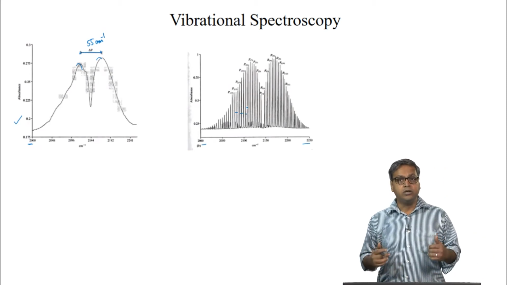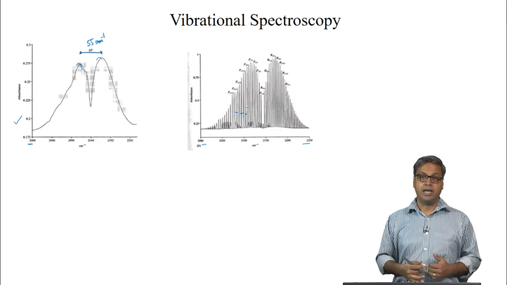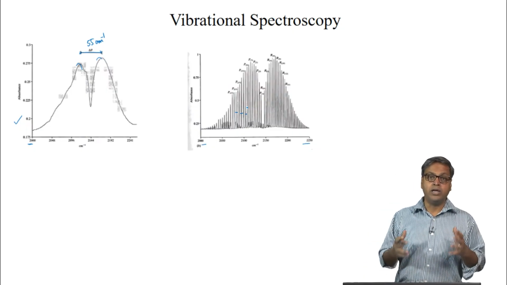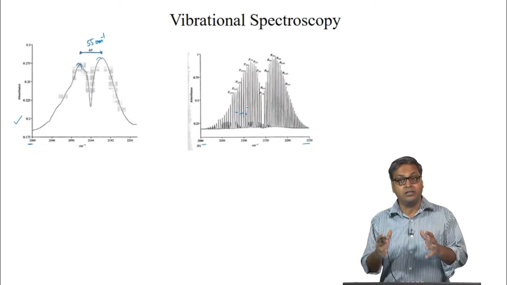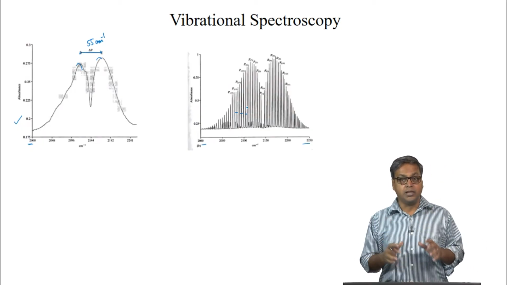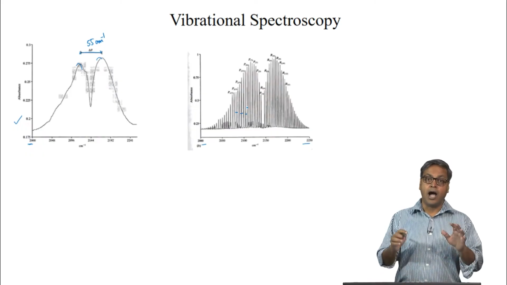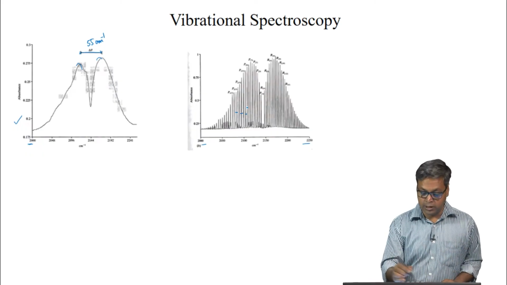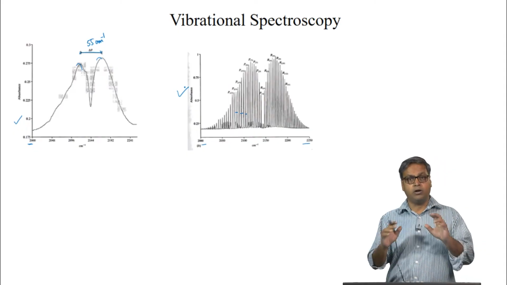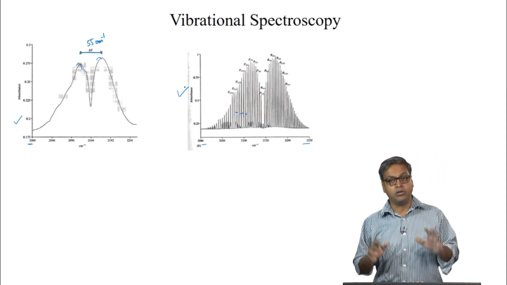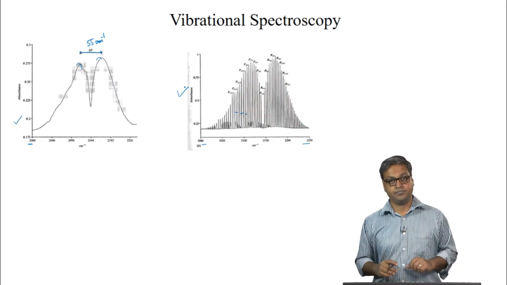We need to explain these features and the reason why we get these additional structures, that means these additional lines. The spacing between the lines in the high resolution measurement is of the same order as the carbon monoxide rotational structure.